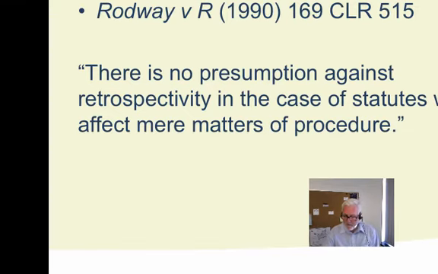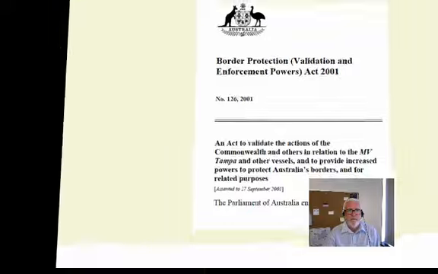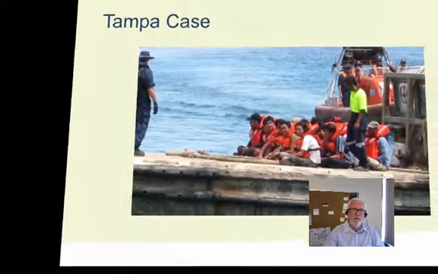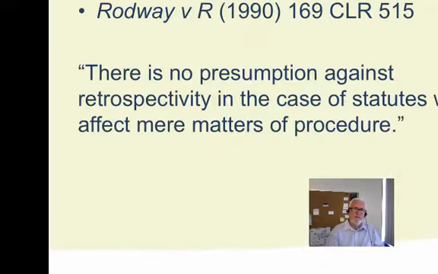The other thing about this issue of retrospectivity, so we talked about retrospective for good, retrospective for not so good. There are opportunities for the court to make changes to the law which can have a retrospective effect.